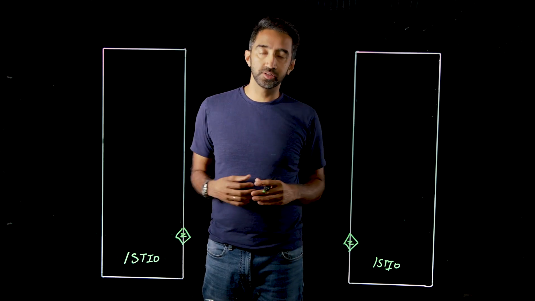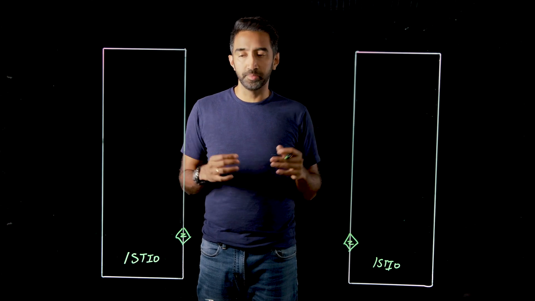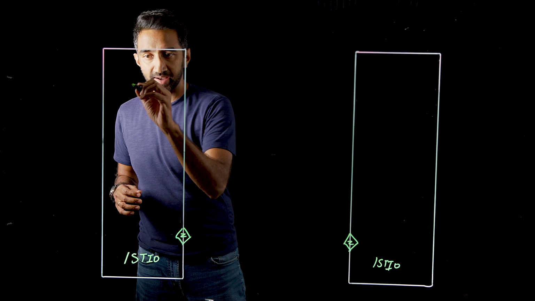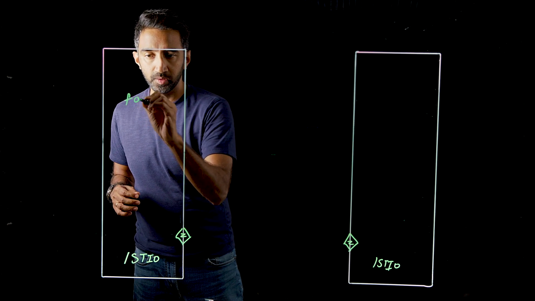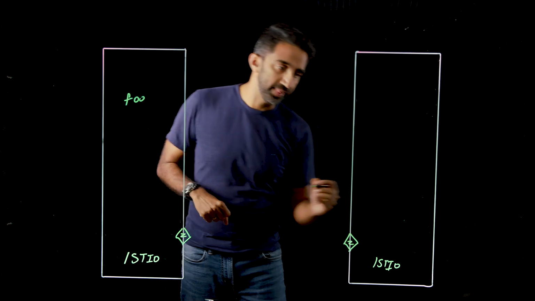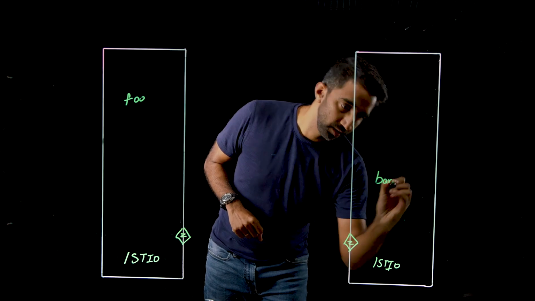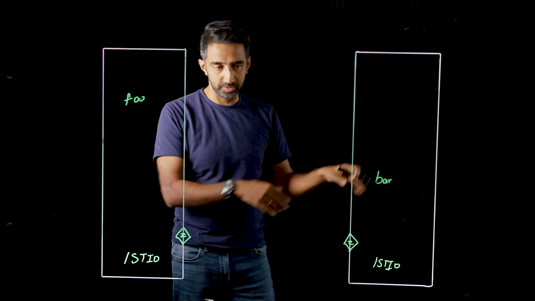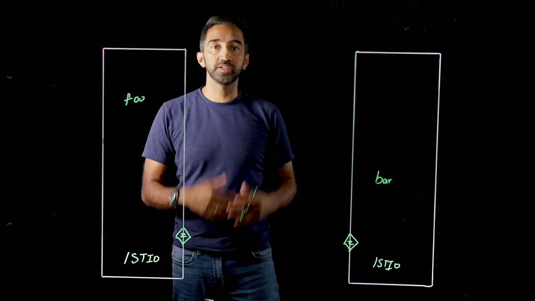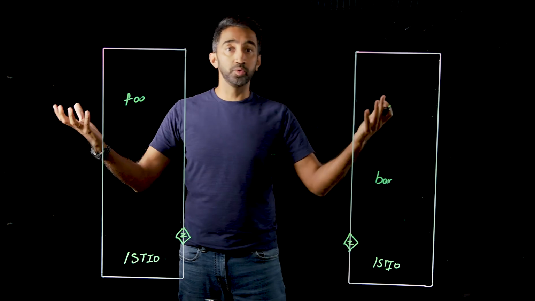Once that's installed, let's switch gears a little bit and talk about the developer experience of it. Let's say I have an application called foo on cluster 1, in namespace 1, and then bar on cluster 2, namespace 2. If foo wants to talk to bar, then bar needs to be exposed to the other clusters.